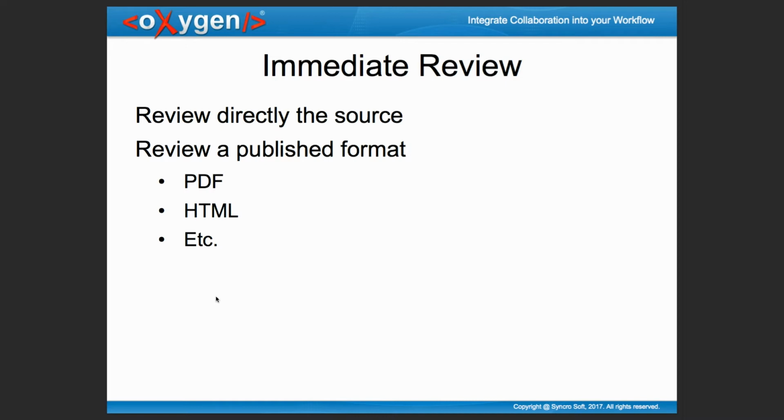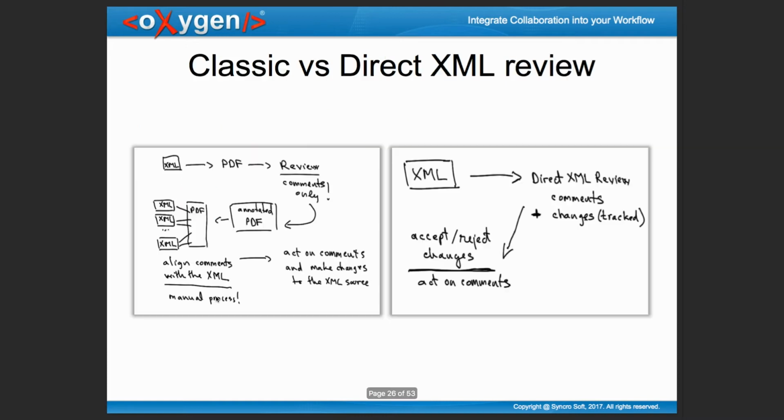And another challenge is review. Reviewing, which is done usually on PDF, for instance, or in some cases on HTML output. And when you discover a problem, what do you do? You can try to review directly on the XML source, but reviewers will be reluctant to that.